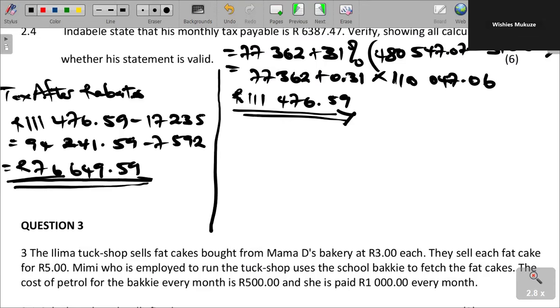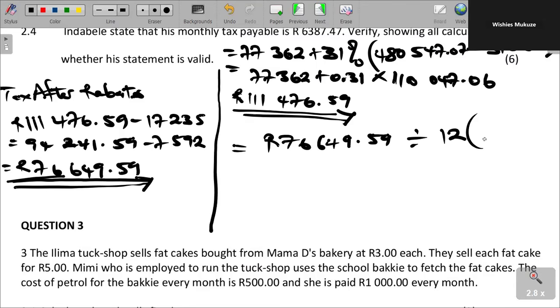So we must say this, which is equal to 76,649.59 divided by 12 in order for us to find monthly.